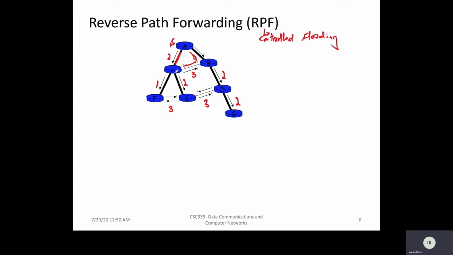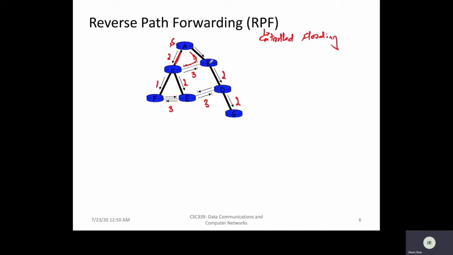And if I take this path, C being the direct neighbor of A, the cost is 2. So C will only process a packet if it is coming from A through the shortest path. This is called reverse path forwarding. If the reverse path back to the source is the shortest path, then C will forward it to the outgoing links.